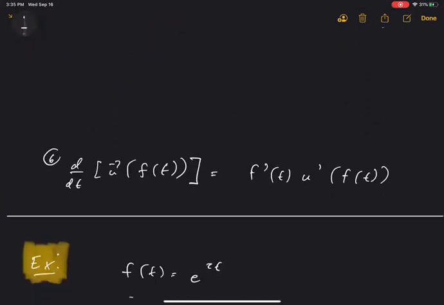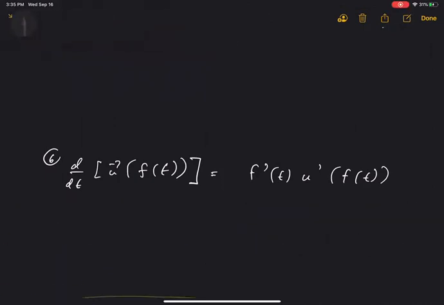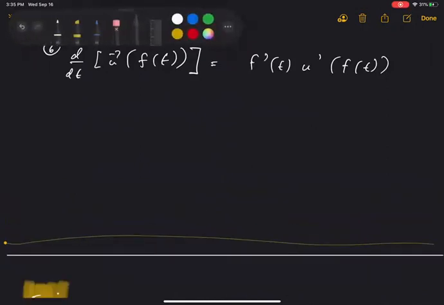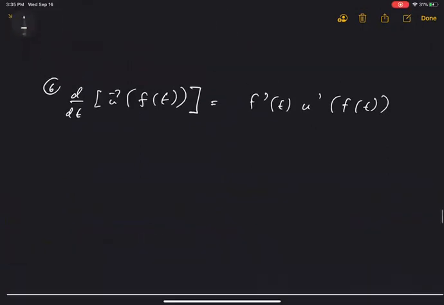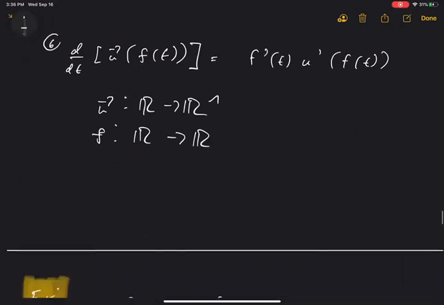Last property is the chain rule. So let's look at what's going on here. We have a vector valued function of a function from R to R. So u is from R to Rn. f is from R to R. So what's going on with u of f of t?